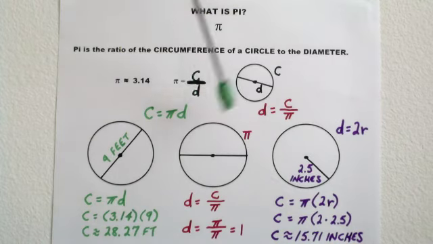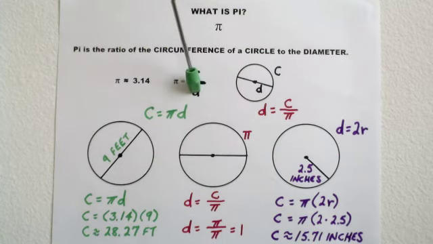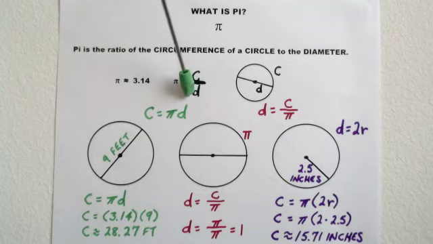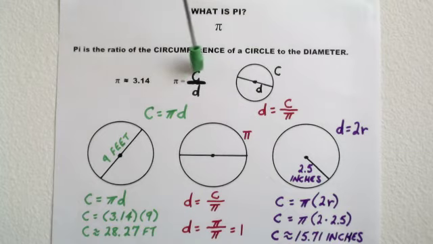Look at this example. If we were to plug 1 into this equation, the diameter 1, c over 1 equals c, so pi equals c.